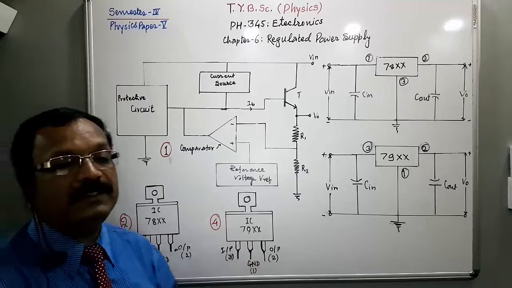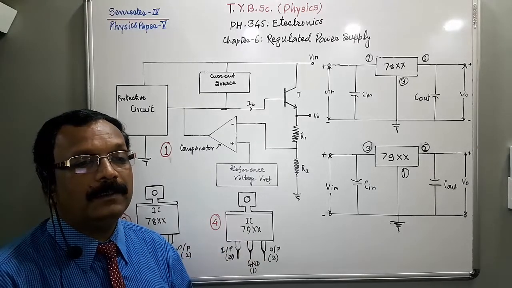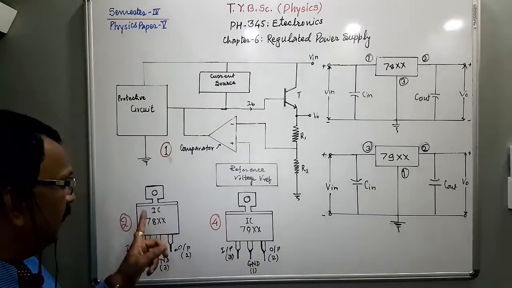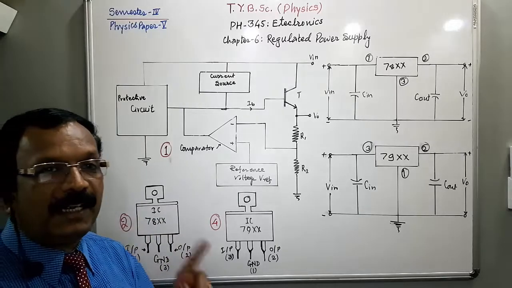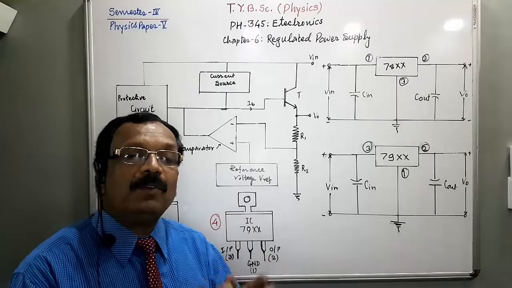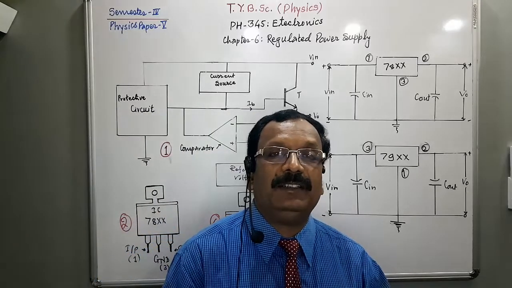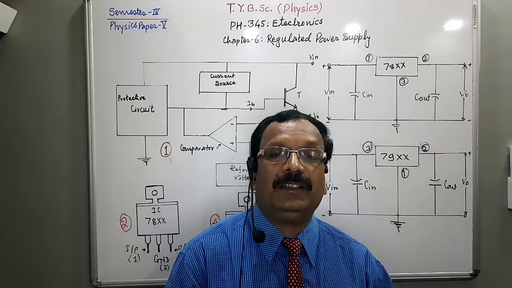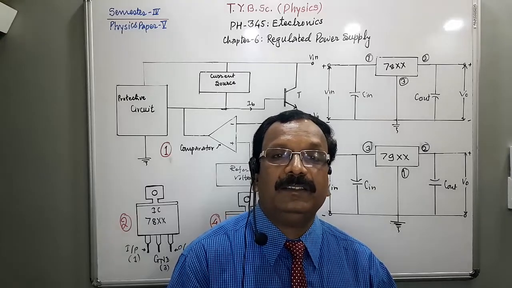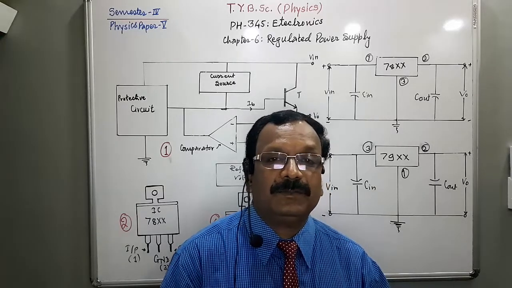In the 78 series there are a number of ICs: 7805, 7806, 7808, 7810, or 7812.